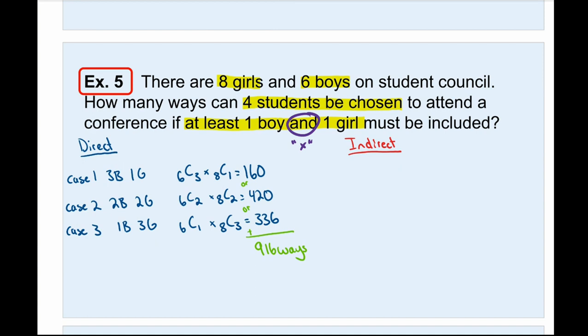If I were to do this the indirect way, I would need to do the total ways minus the complement to my situation. So the opposite, or the complement, of at least one boy and one girl is one scenario where there are no boys, and minusing one scenario where there are no girls.